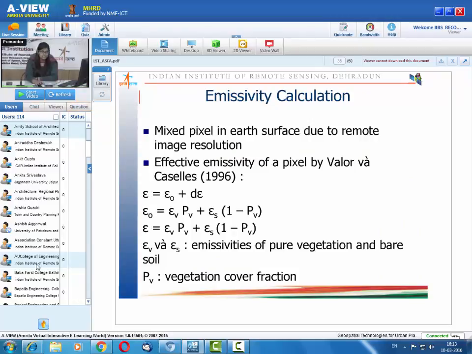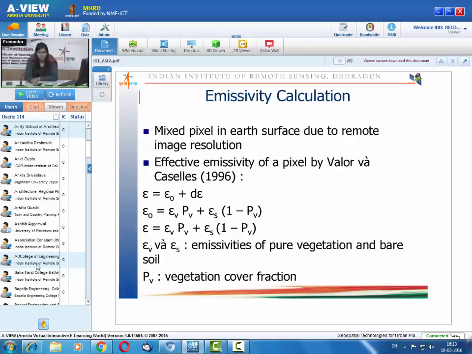Emissivity calculation is done with the help of proportional vegetation and the emissivity values of vegetation pure pixel and soil pure pixel. So how are we going to calculate? Emissivity is dependent upon the emissivity value of V, that is vegetation, and proportional vegetation.